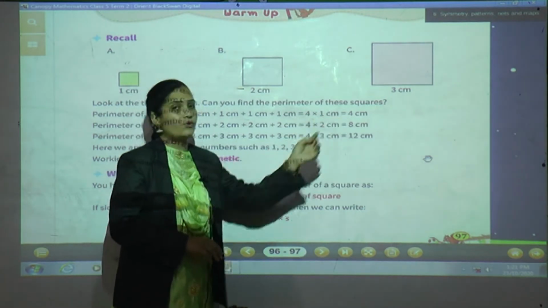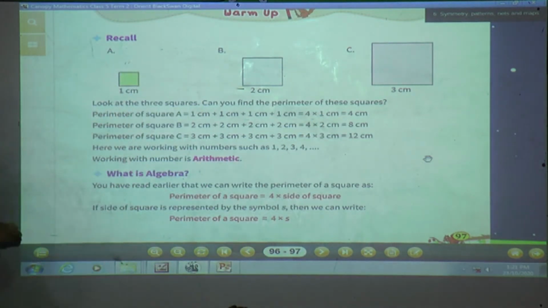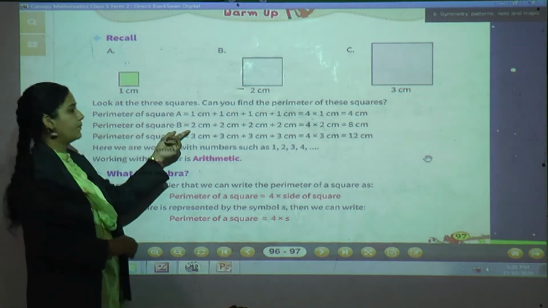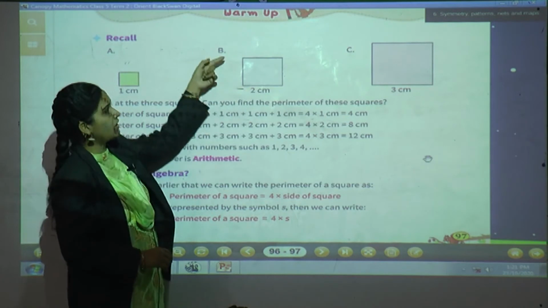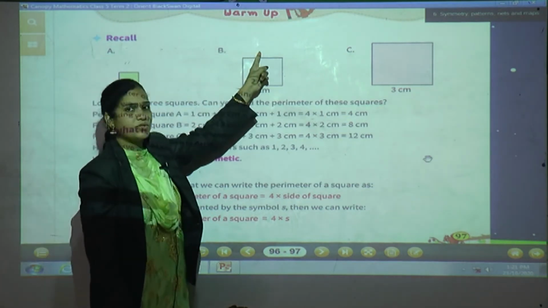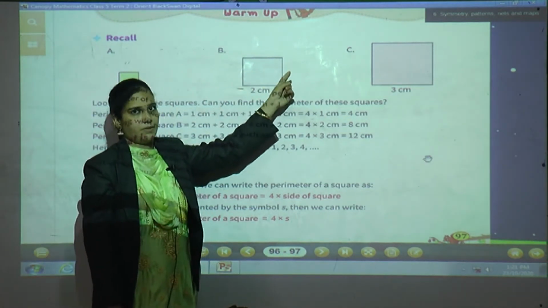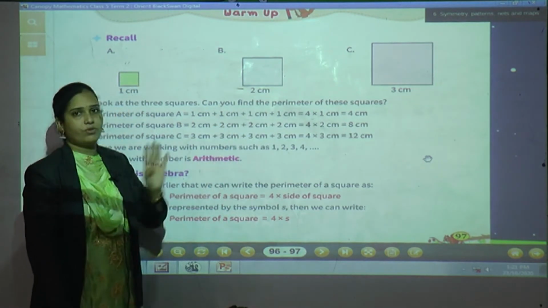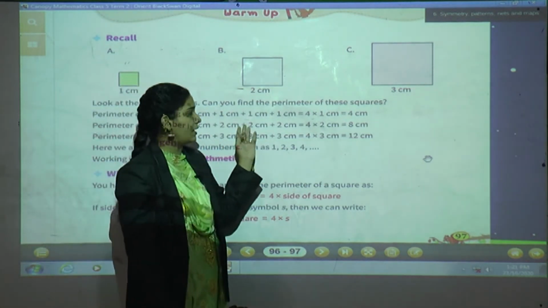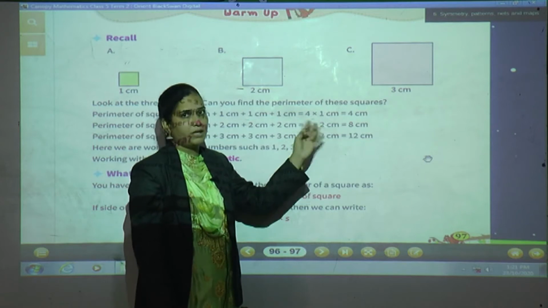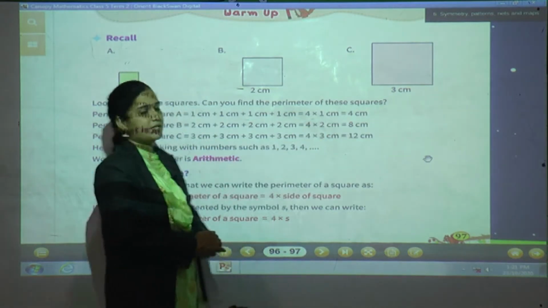So, the answer is 4 centimeter. Same for square B. Perimeter of square B is equal to 2 centimeter plus 2 centimeter plus 2 centimeter and 2 centimeter, 4 times addition of 2. Again, I can multiply 4 by 2, so the answer is 8 centimeter.